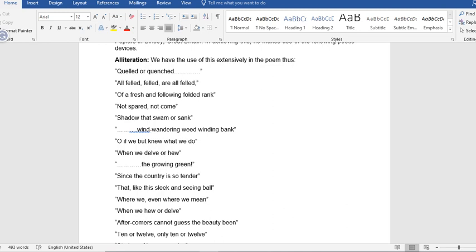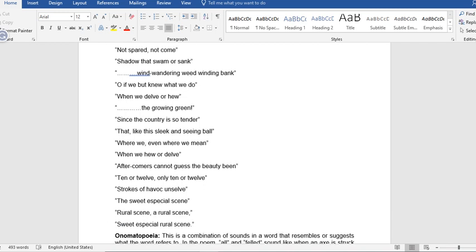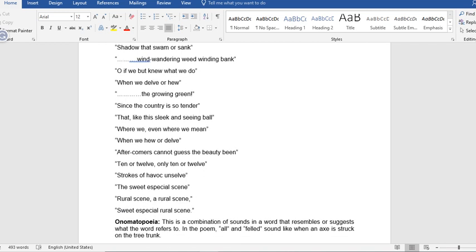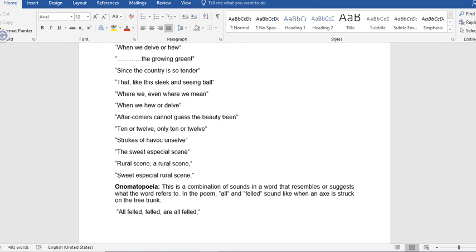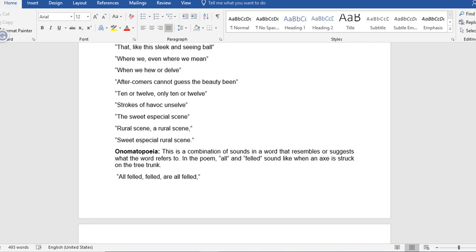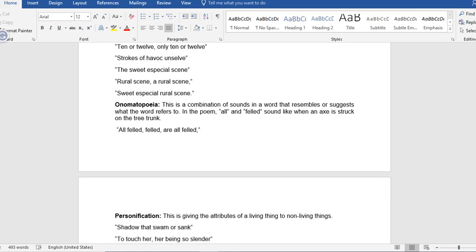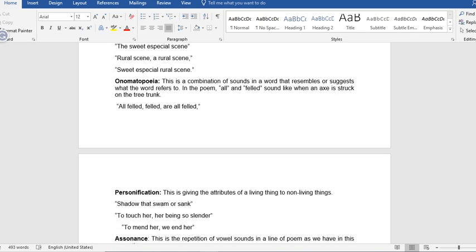"We both knew what we do", that's w again. Then "to mend her, we end her", and "After-comers cannot guess the beauty been", "ten or twelve, only ten or twelve", repetition of t. "Strokes of havoc unselve the sweet especial scene", repetition of s. So that is alliteration there.